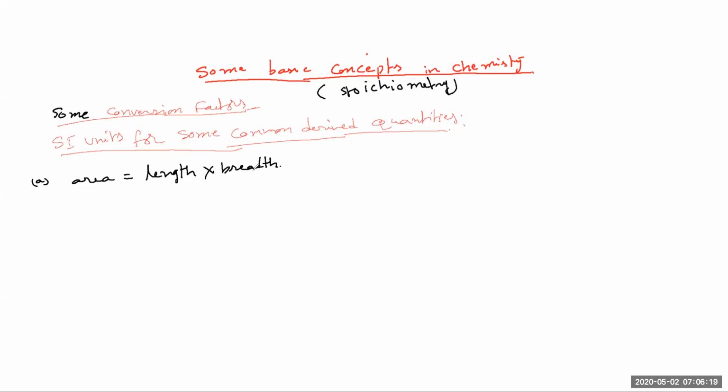And what are the units? Meter into meter, that is meter square.